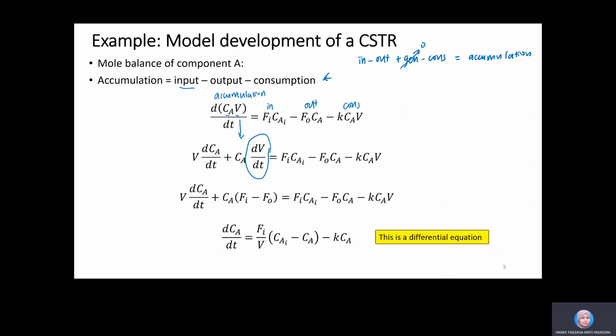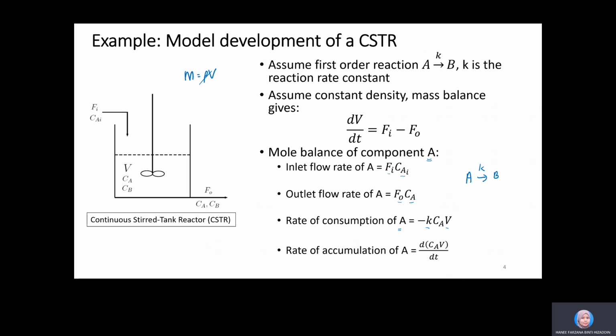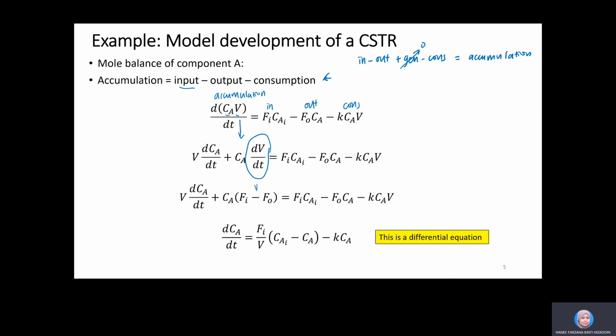This dV/dt you got initially from the general mass balance, dV/dt equals Fi minus Fo. So you can rearrange to get dCA/dt, the change in the concentration of A per unit time, equal to Fi over V times (CAi minus CA) minus kCA.